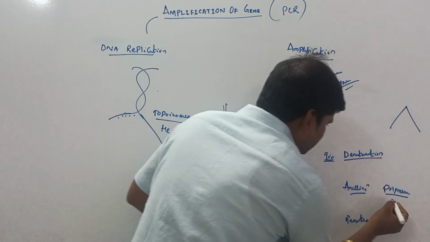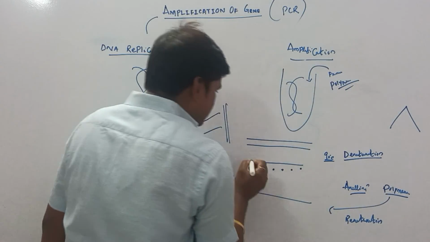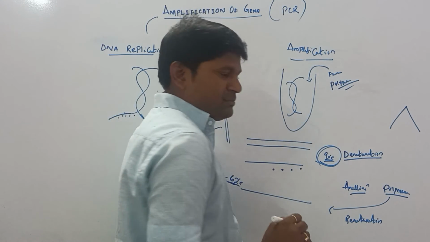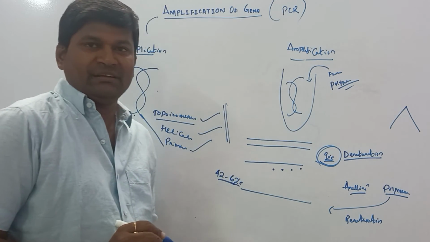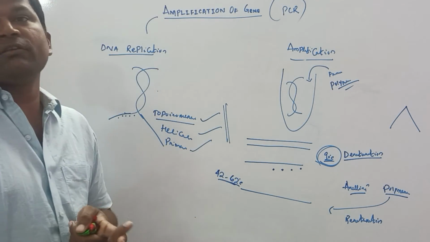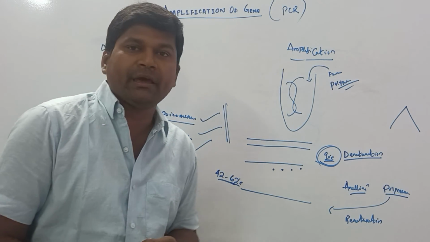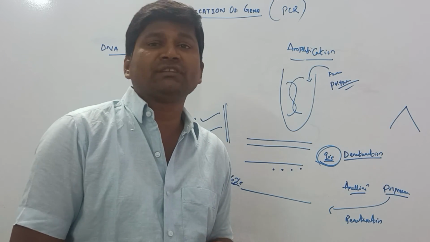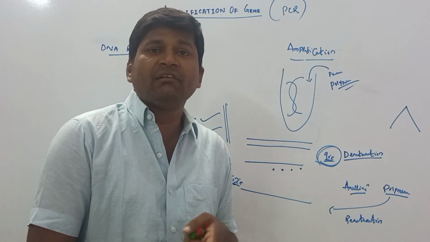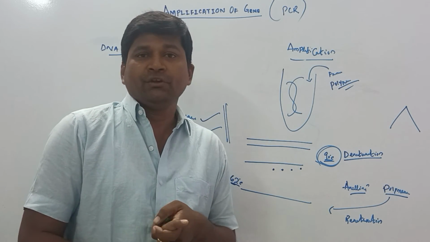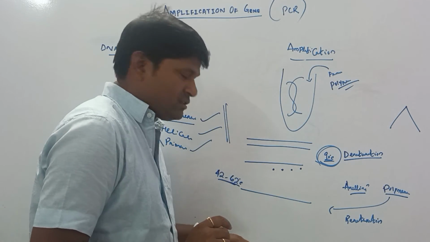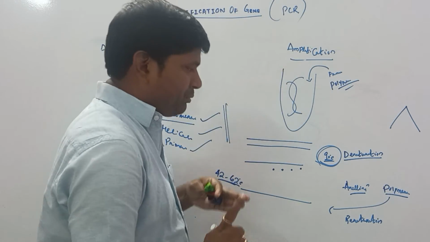Polymerase, you see, as we are applying a high temperature, 90 degrees Celsius, a normal DNA polymerase will definitely not be functional. High temperature may interact with the DNA and disrupt the base pair. So for that purpose, it has been standardized for the amplification process.